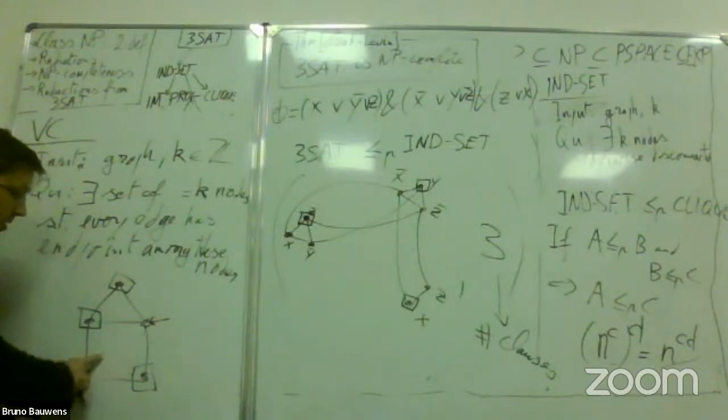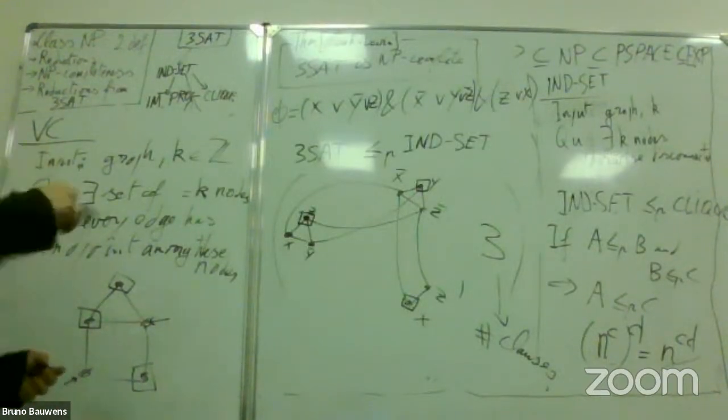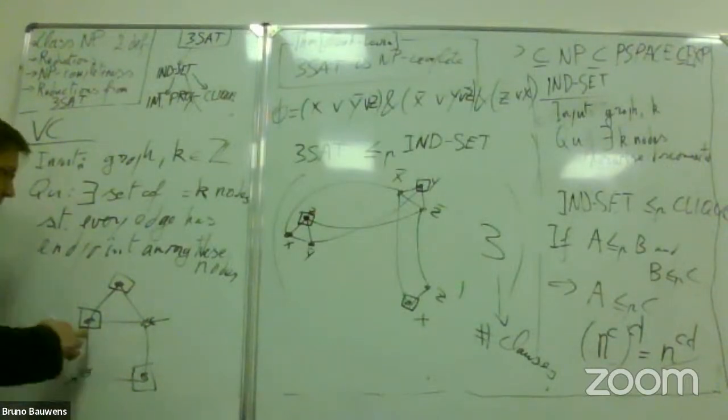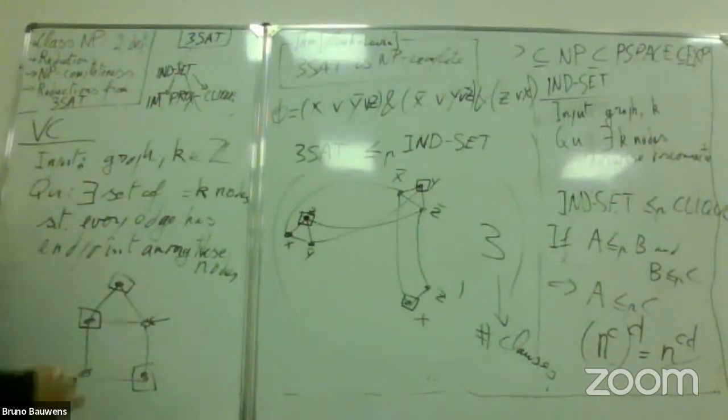So the maximal size of an independent set is the number of nodes minus the minimal size of a vertex cover. If we have a vertex cover of size 3, we have an independent set of size 2. If there is no vertex cover of size 2, then there is no independent set of size 3.